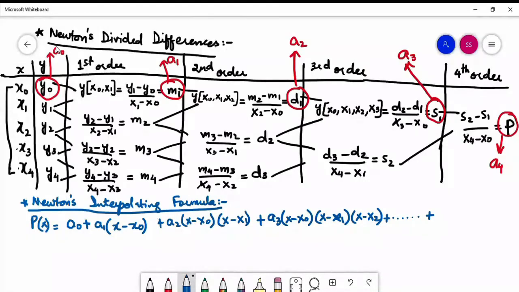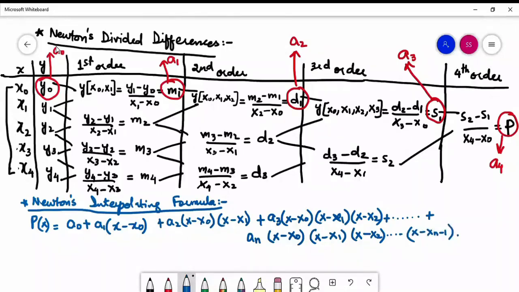Now the general formula for this is an times (x minus x0), (x minus x1), (x minus x2), and so on. If it is a3, then the last point is x2. So if it is an, then the last point will be x minus xn minus 1.